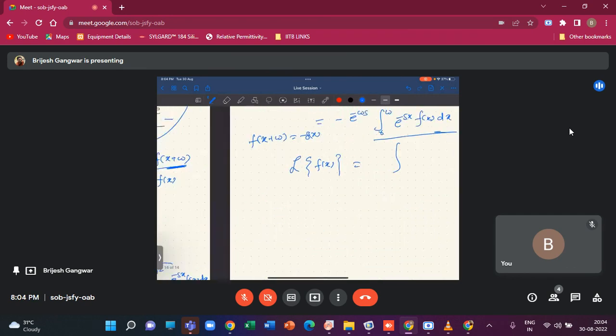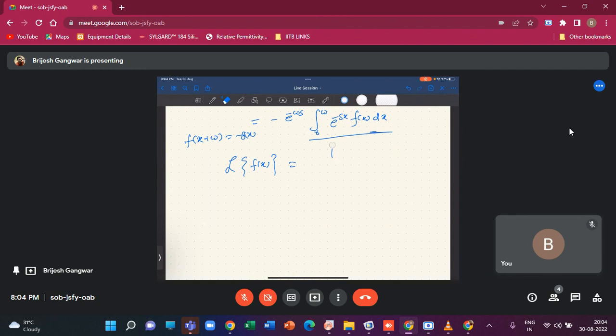And this is plus sign, so we can take this whole integration common and it will be 1 minus e to the power minus omega s times the integration of 0 to omega e to the power minus sx f of x dx.